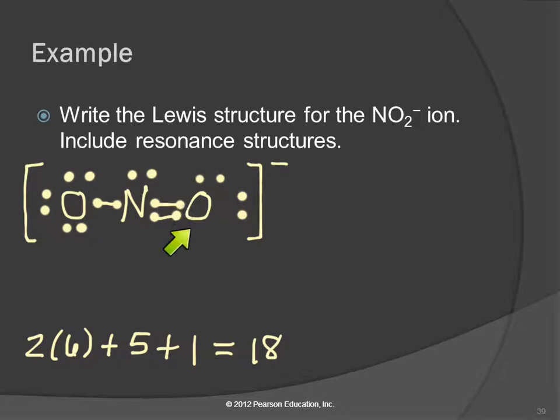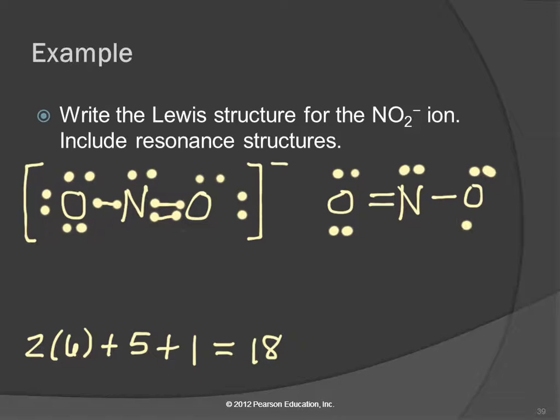Then this oxygen's thinking about it and saying, hey, why did I have to share? Why didn't the other oxygen share? He could have done it. Why me? Well, let's draw that too. Can you see how these are very, very similar?